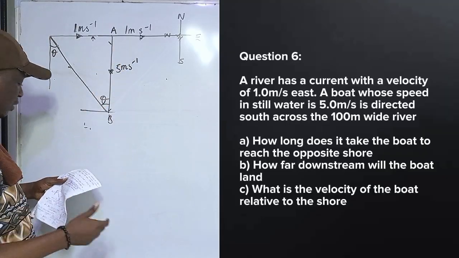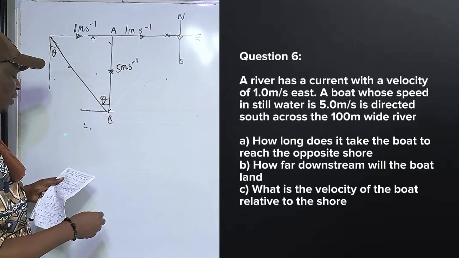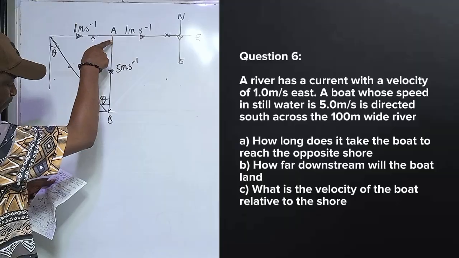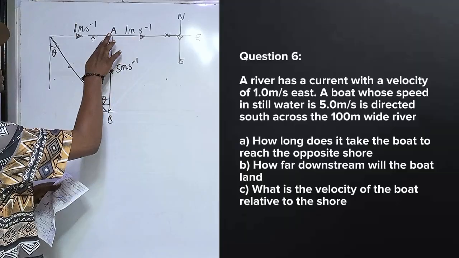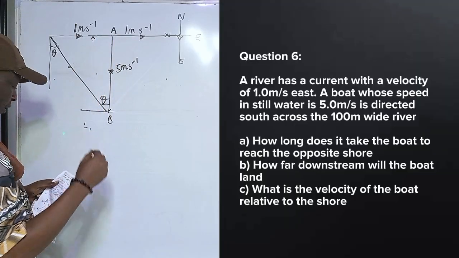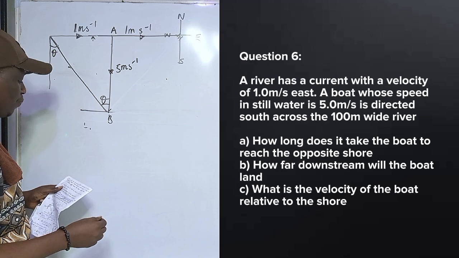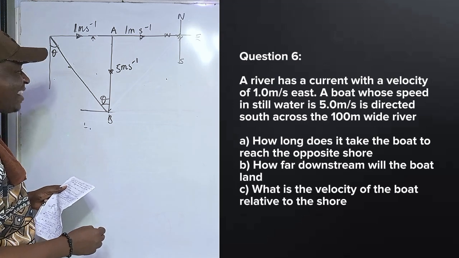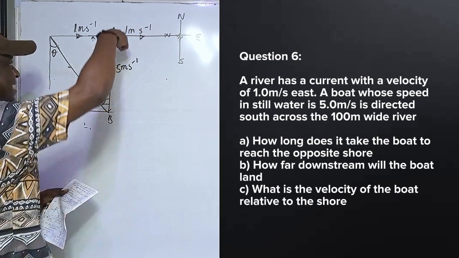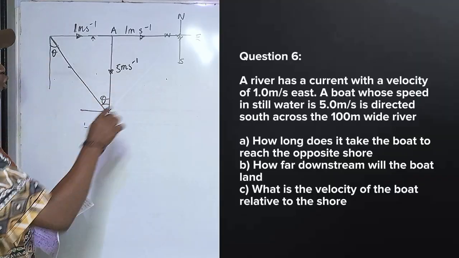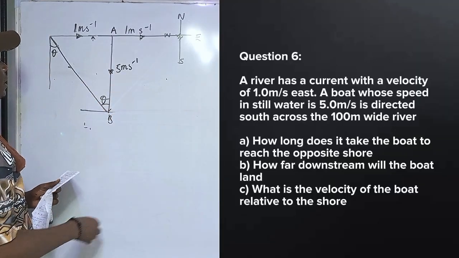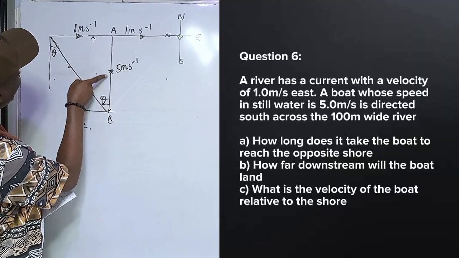It says a river has a current with a velocity of 1 meter per second east. So this is east, correct? Then a boat whose speed in still water is 5 meter per second is directed south. That's south here, downward, following the direction I place. If you check the arrow, the two of them must be going in the same direction.